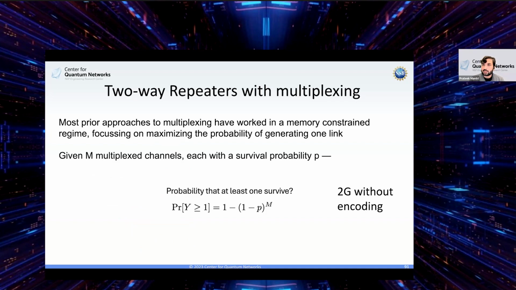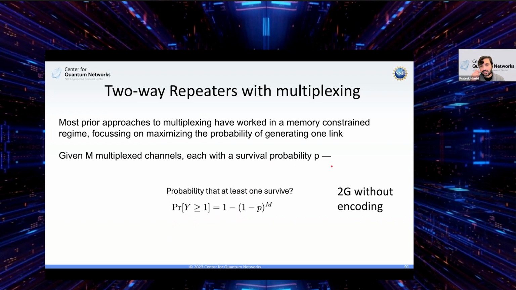If we have access to a lot of memories or a lot of sources, and if we can attempt elementary link generation in parallel, then even if some of the photons get lost, we always have at least one that survives, such that the probability that we would have a link between party A and party B is somewhat more than what we would have if we were only attempting a single link.